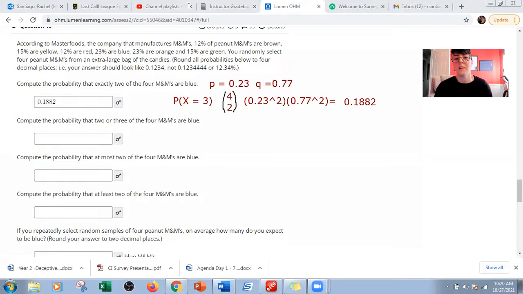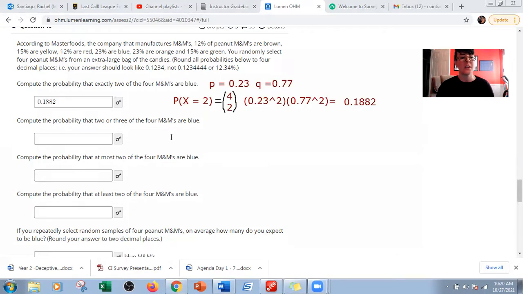When we did our previous problem, the first part, we wanted to find the probability that exactly 2 of the M&Ms are blue. So that's actually the probability that we found, the probability that X is equal to 2, right? The number of M&Ms that are blue. And we wanted exactly 2 of them. So if we want to, go for it. P of X equal 3. Yes, exactly correct.